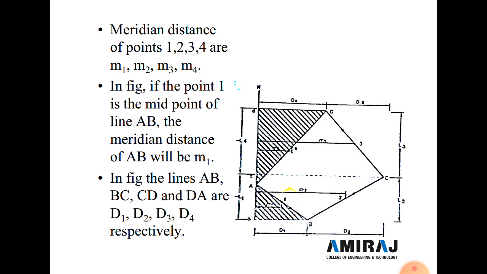In the figure, if point 1 is the midpoint of the line AB, the meridian distance of the line AB will be M1.